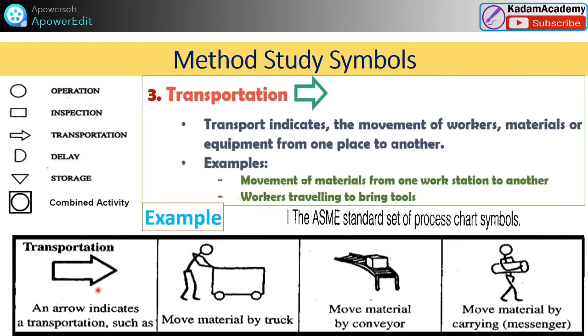ASME standard examples include moving material by truck or conveyor, or by a worker or messenger carrying it, which also applies in the service industry. So these are transportation.